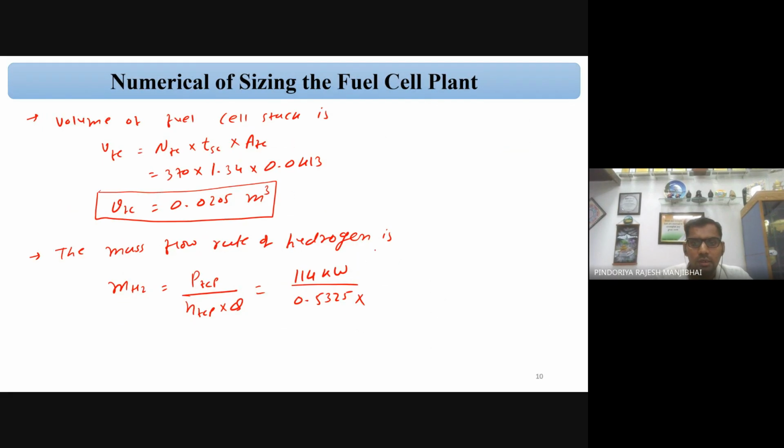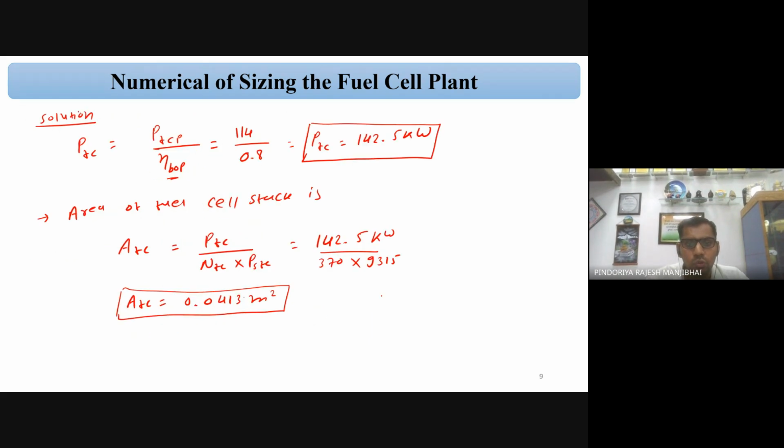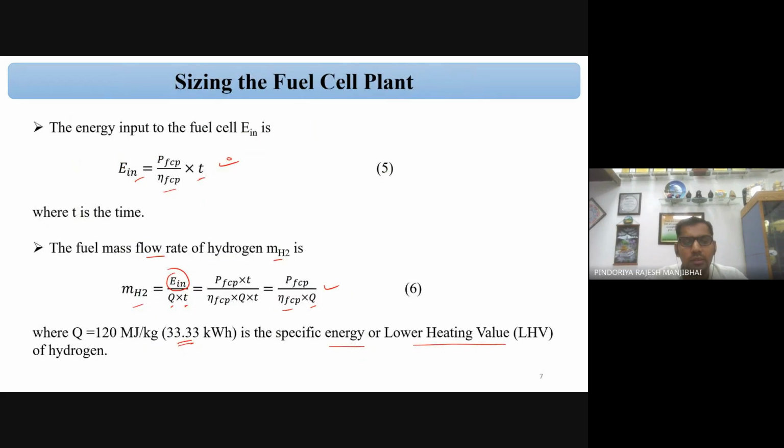So the mass flow rate of hydrogen is 1.78 gram per second. You can convert the unit, Q is 33.33 kilowatt hours, correct?